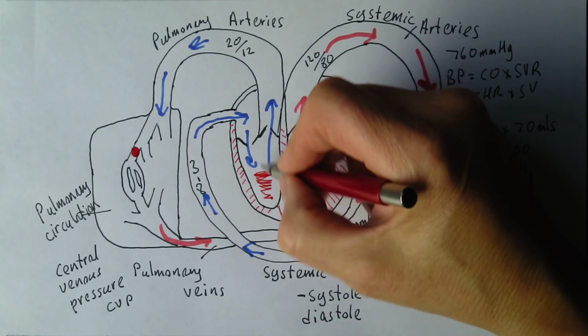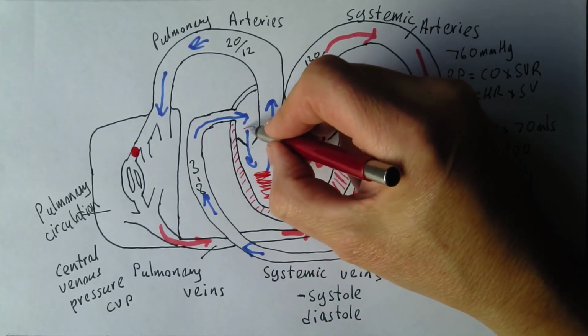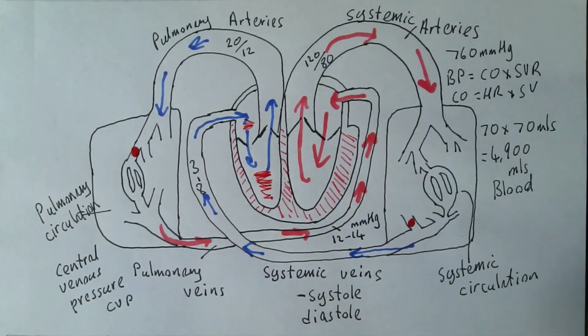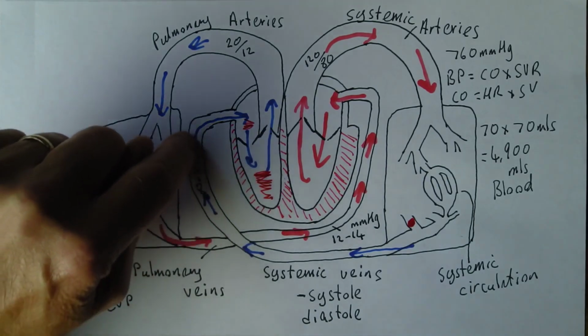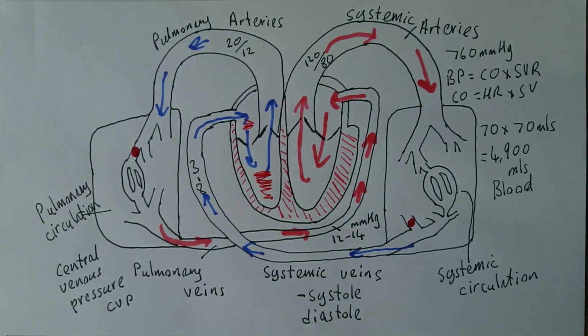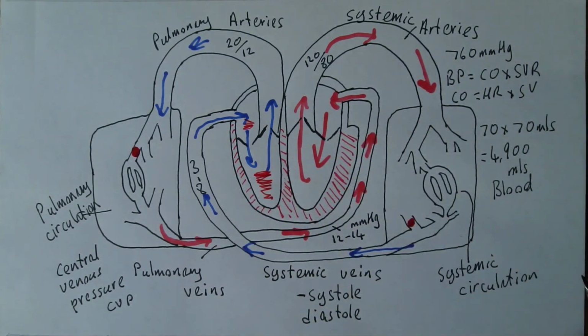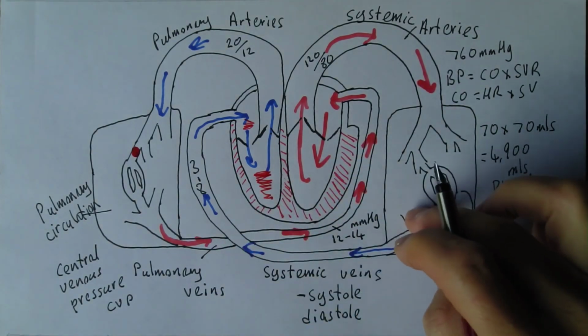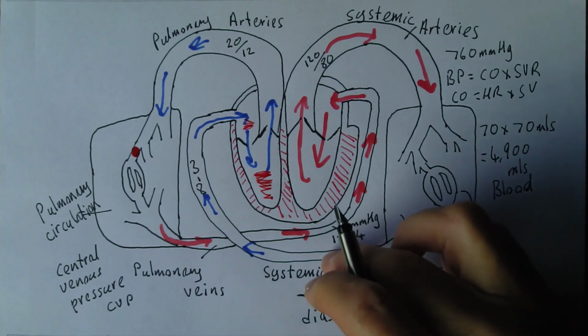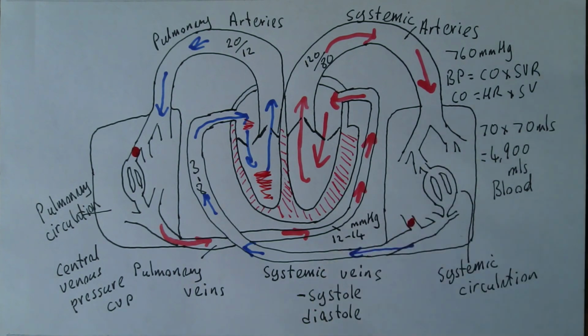Well, if that's half full, it's going to be harder. So it's going to increase the pressure here. That's going to make it harder for the blood to drain out of the systemic veins. So we're going to get a back pressure here into the systemic veins. And we'll see that will lead to systemic edema, but we'll do that when we look at systemic veins.